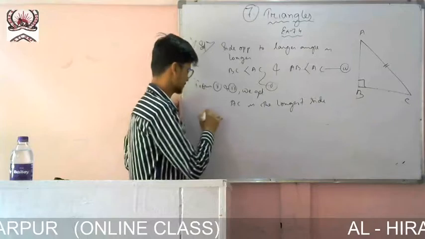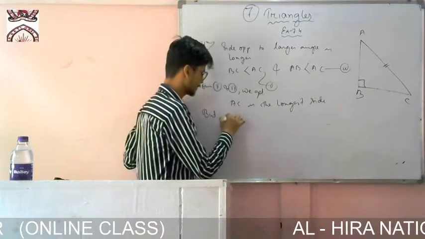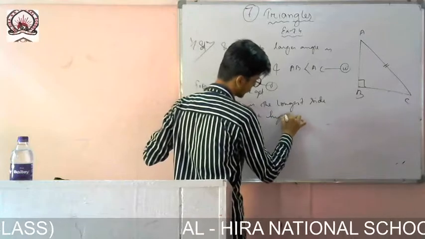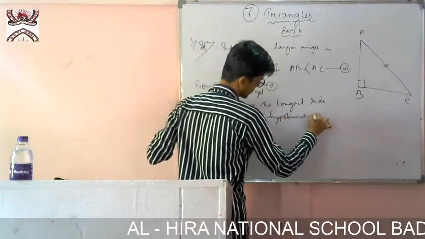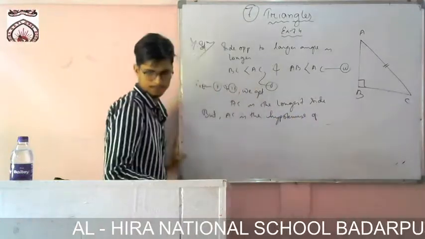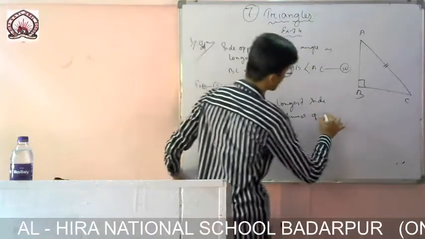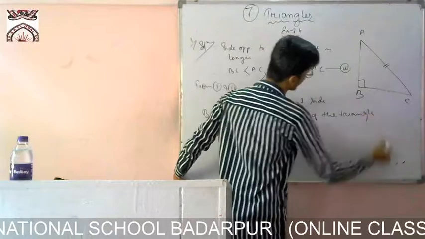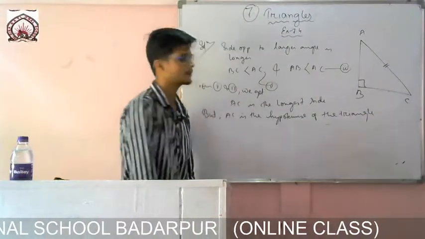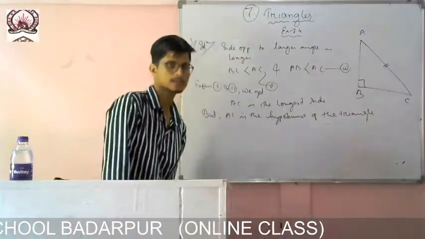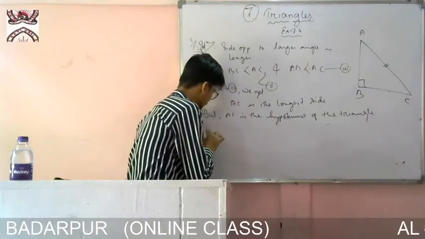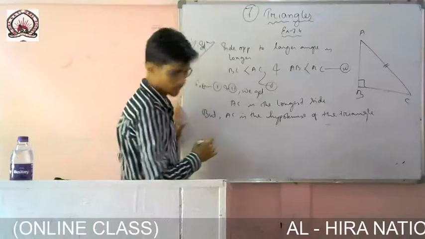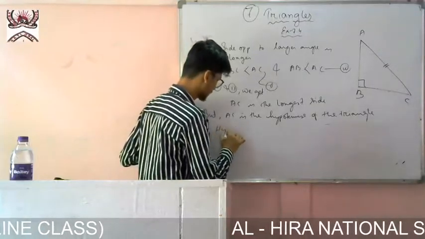But AC is the hypotenuse of the triangle, because in the question you have to prove that the hypotenuse is the longest side. So I can say that therefore the hypotenuse is the longest side.